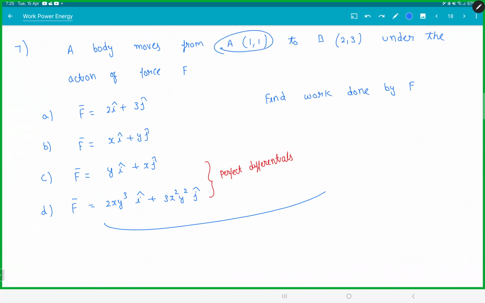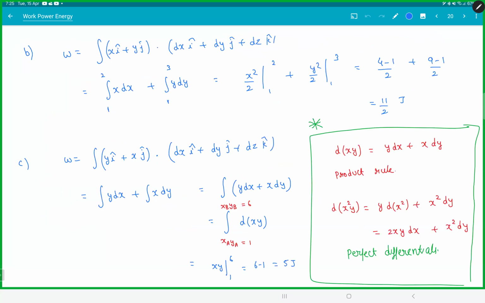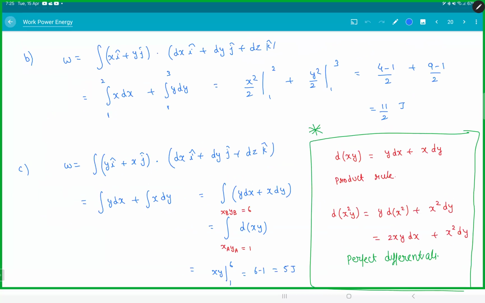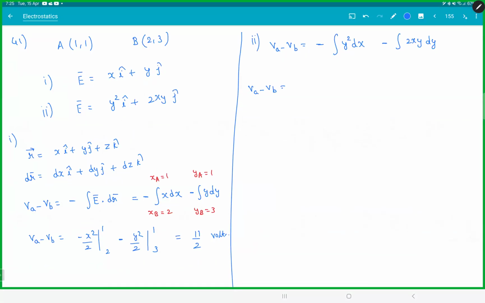Look at this thing, same numbers, 1 comma 1, 2 comma 3. So something similar. There it was work done, here it is the potential difference. So this is how we write a perfect differential. If you can make that into one single term, it's called a perfect differential. So this can be written as VA minus VB equals minus integral of y square dx plus 2xy dy.